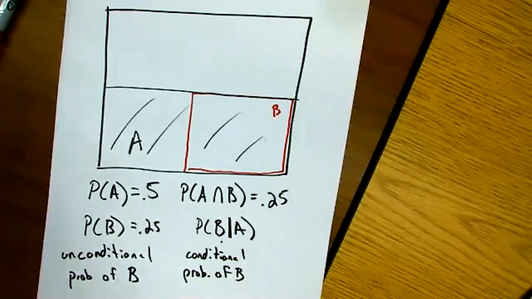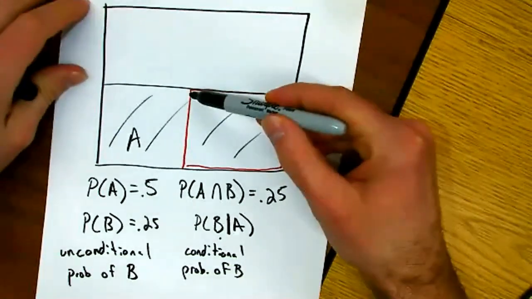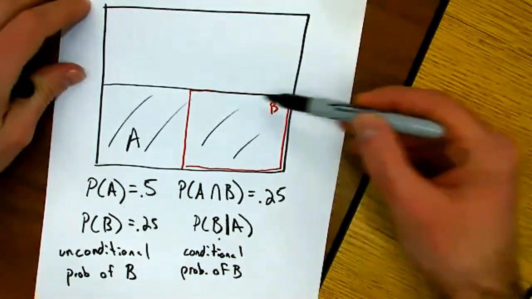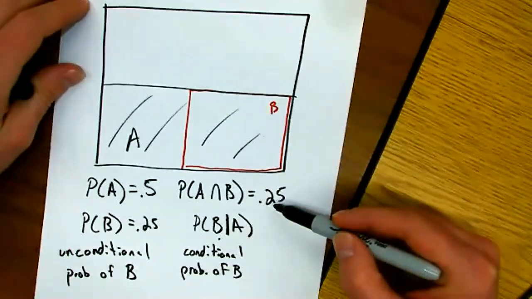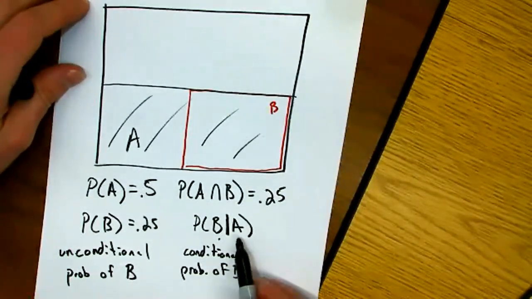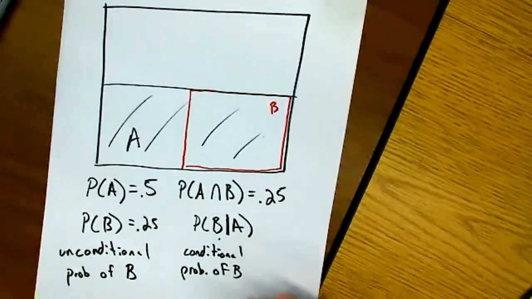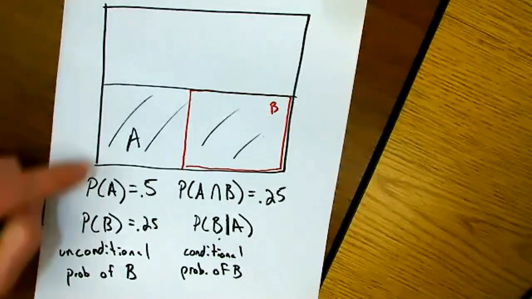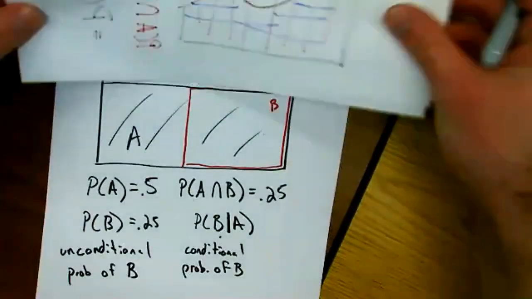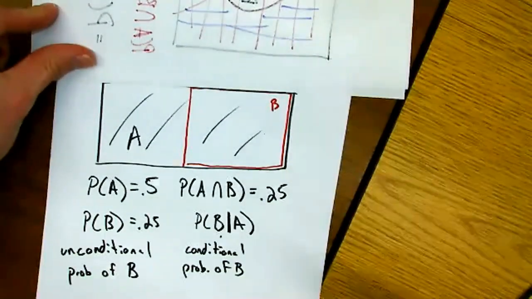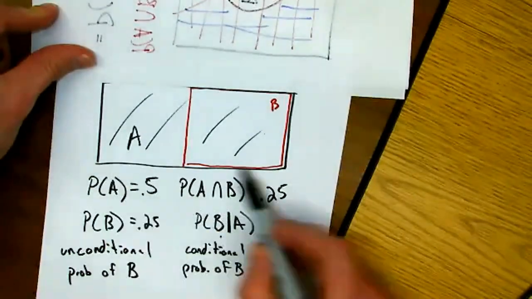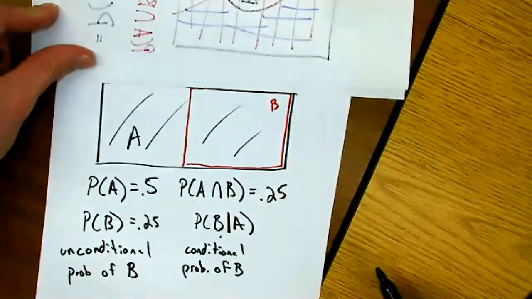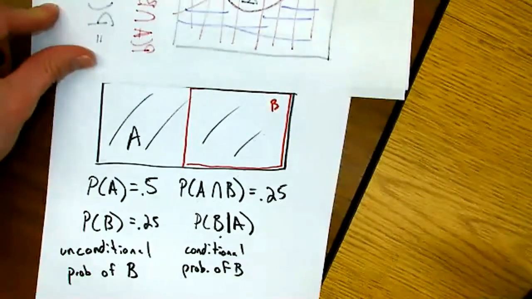Well, if the area of B intersected with A is 0.25, and now that I know A has occurred, essentially what I'm saying is the entire experimental outcome space is no longer 1 because I'm telling you that A has occurred. So now the only outcome space left is 0.5, or whatever the probability of A was.